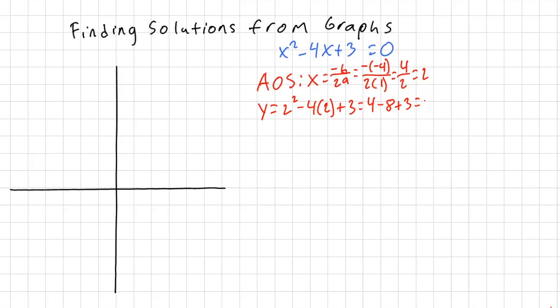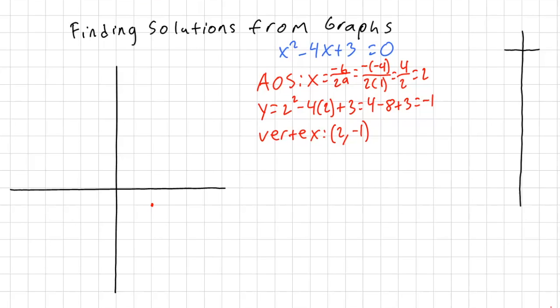So that will give us -1. So our vertex is the point 2, -1. So we can graph that point, 2, -1.